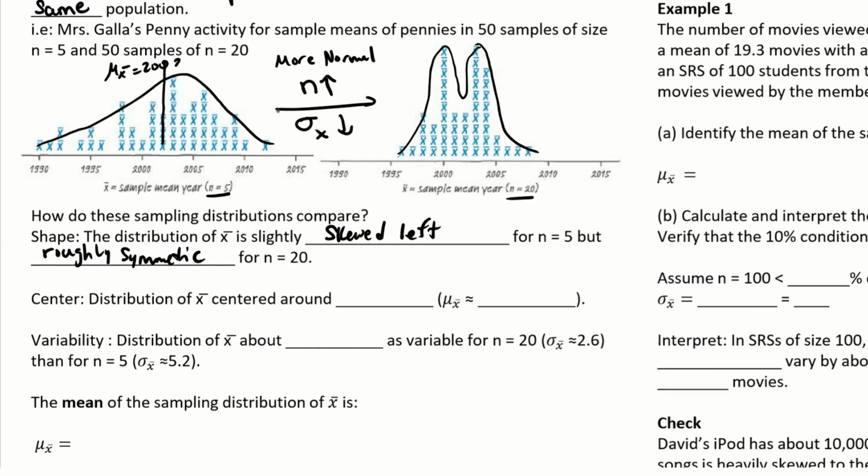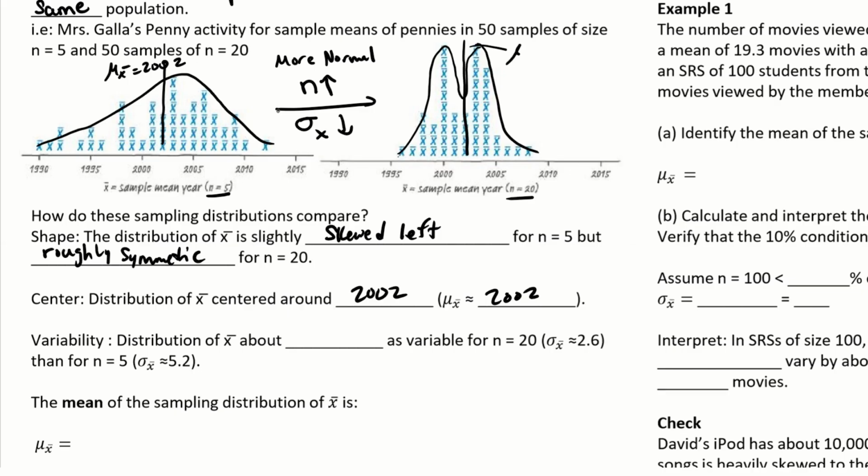This is just an approximation. So mu x bar is approximately 2002. And notice that on the right it's also around 2002 because it's in the middle. The mean of a symmetric curve is around the middle, and it appears that the middle is also around 2002.